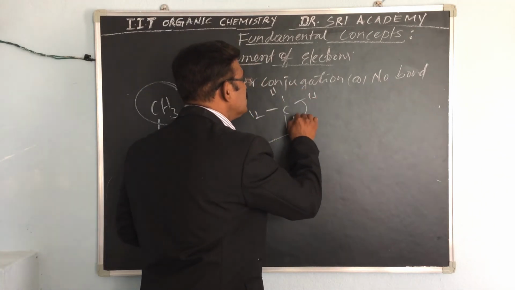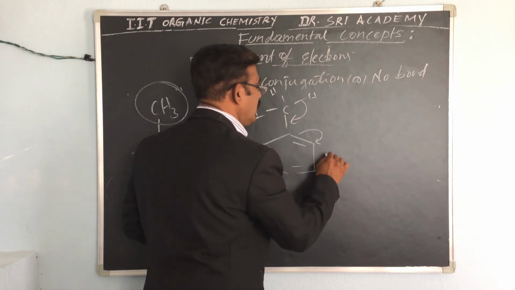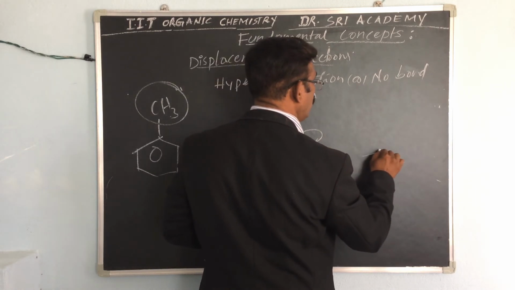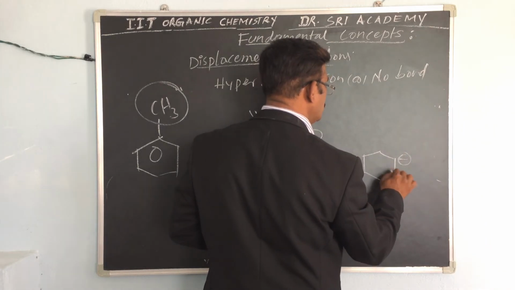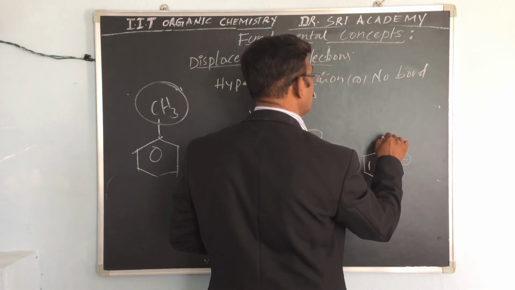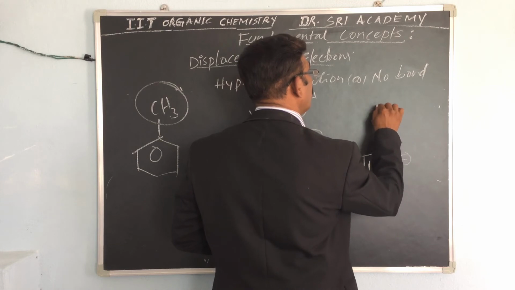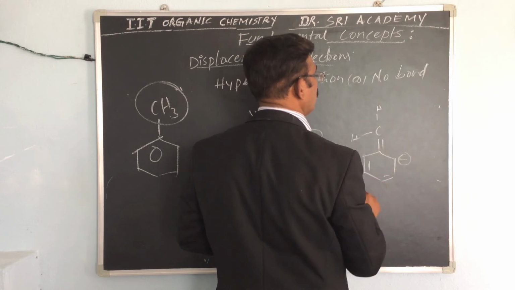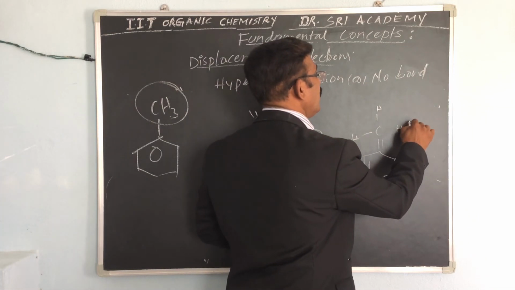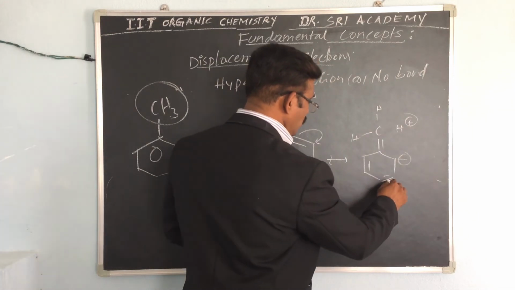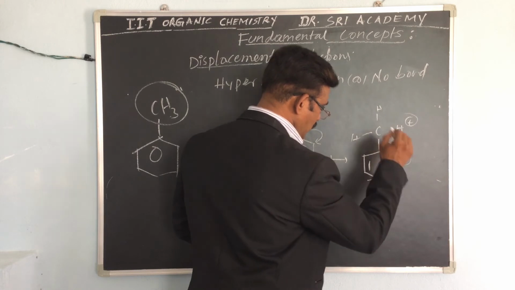This bond comes to the side, and this comes to the side. This is the ortho position, and then again this comes to the side, and the para.